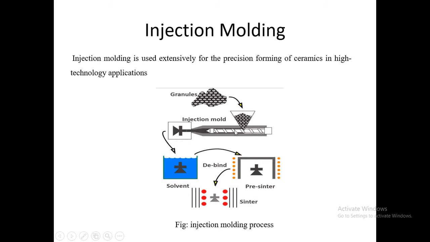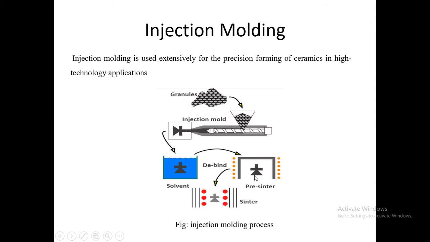The feedstock is heated to form a viscous slurry and injected into the mold to form a green part. Part of the binders are removed through solvent debinding to get a brown part. This process begins with the removal of the soluble binder components using solvents such as heptane or hexane.